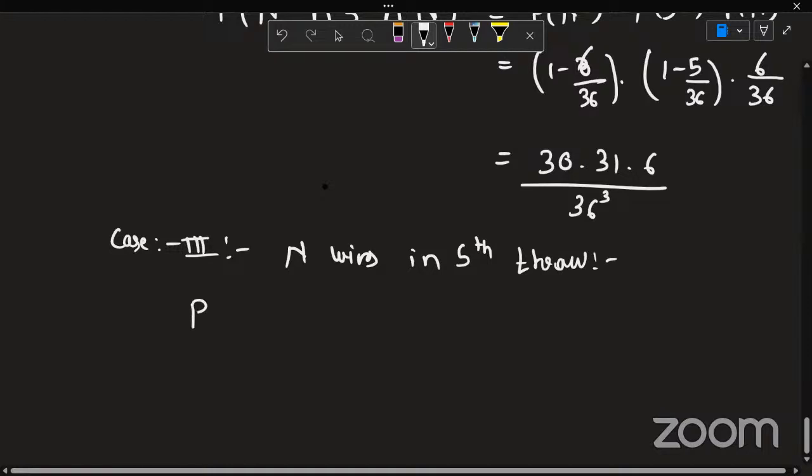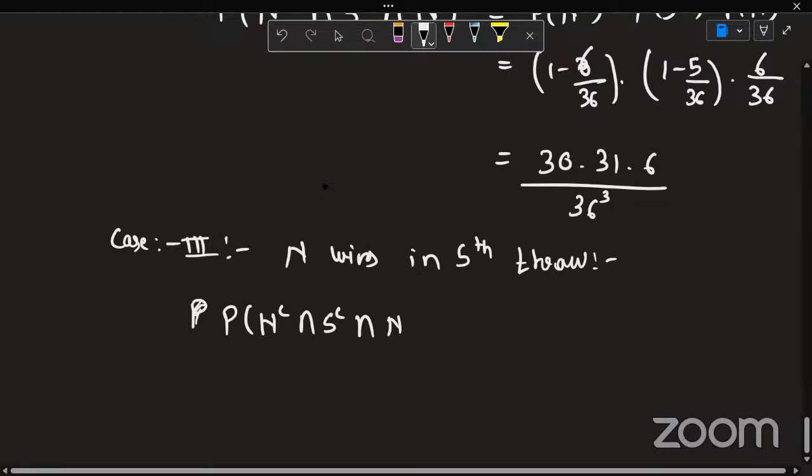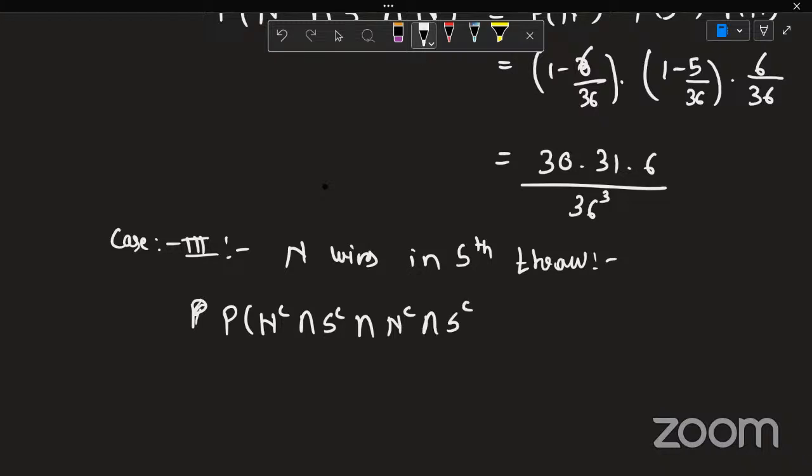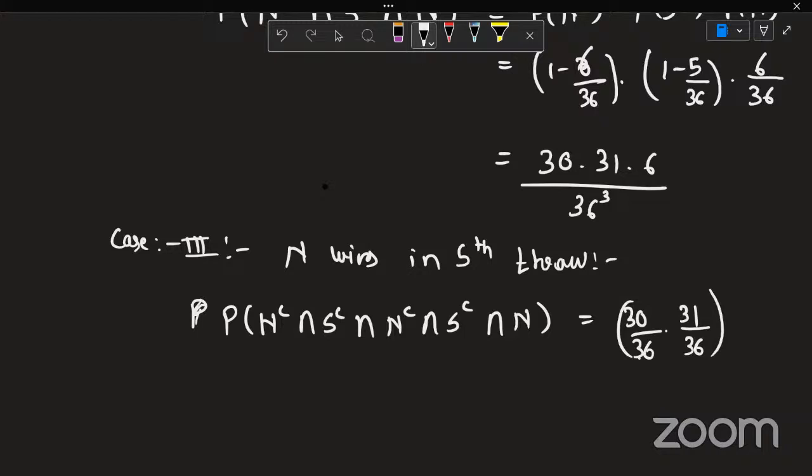The probability is that first throw she lost, second throw Sam lost, then again she did not win, then fourth he also did not make it, and then in the fifth turn she won. So this will be nothing but 30 by 36, then 31 by 36, then 30 by 36, 31 by 36, the whole square, times 6 by 36.